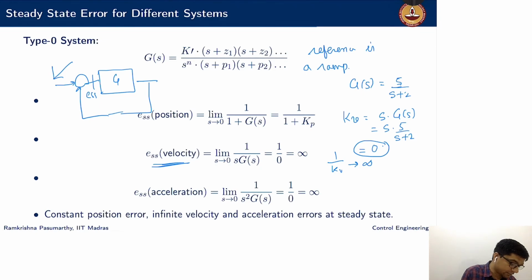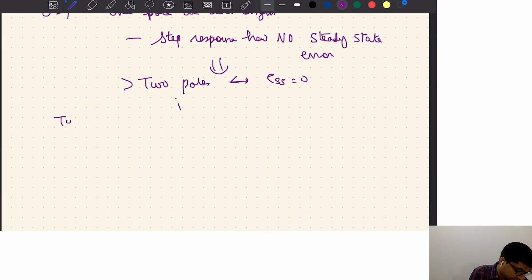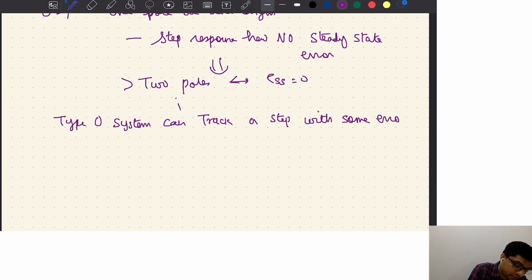A type 0 system can track a step with some error, and similarly a type 0 system cannot track a ramp, which is 1 over s square.